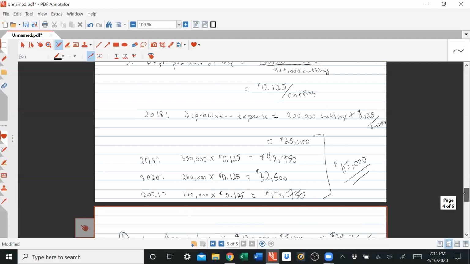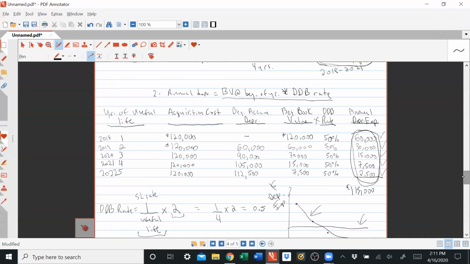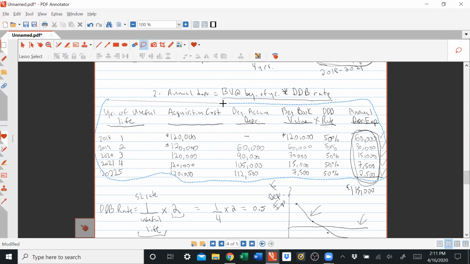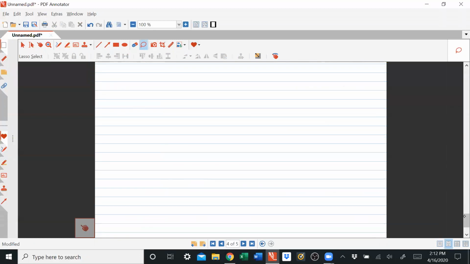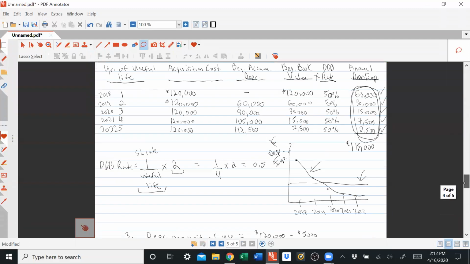We could set up our table again. Let's do this. Copy. I think I copied it. Actually, I don't think I copied it. Let's go back.